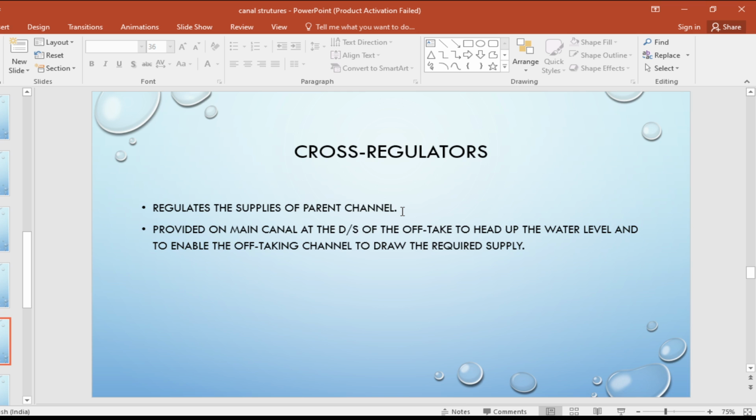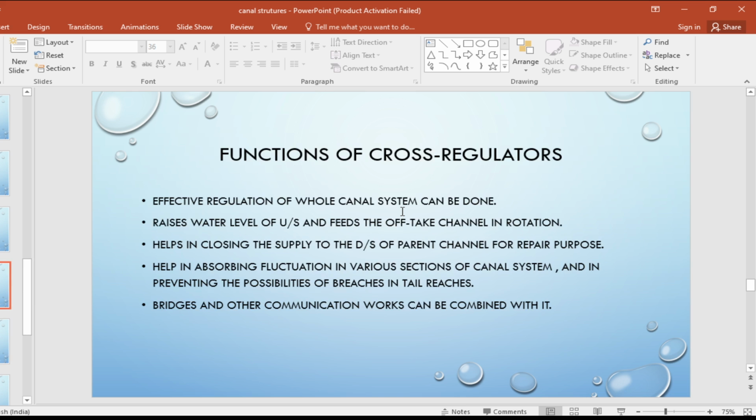Okay, cross regulator is provided on the main canal at the downstream of offtake, to head up the level and to enable the off-taking canal to draw required supply. Okay, now the functions of cross regulators. What are the functions of cross regulator?